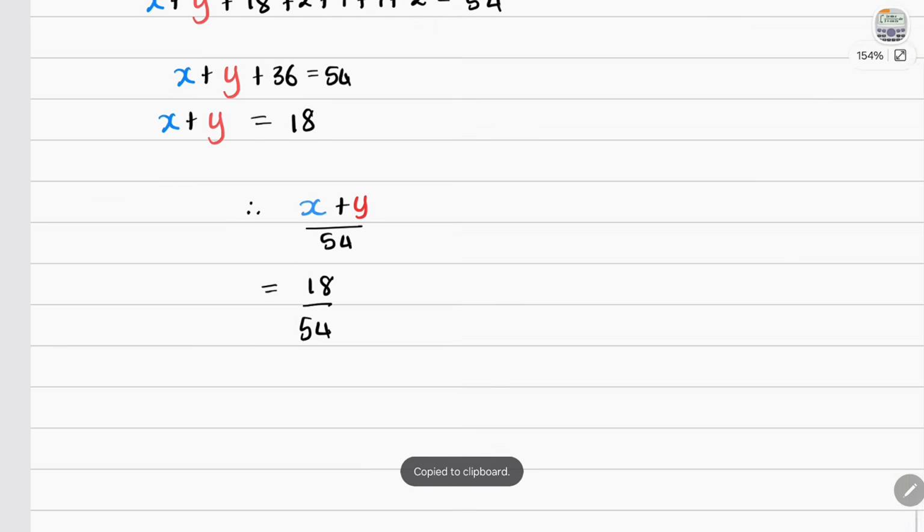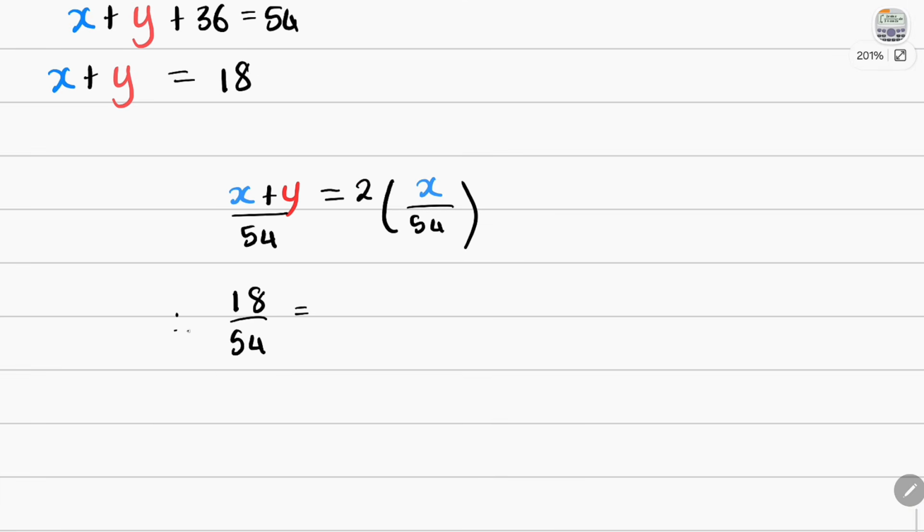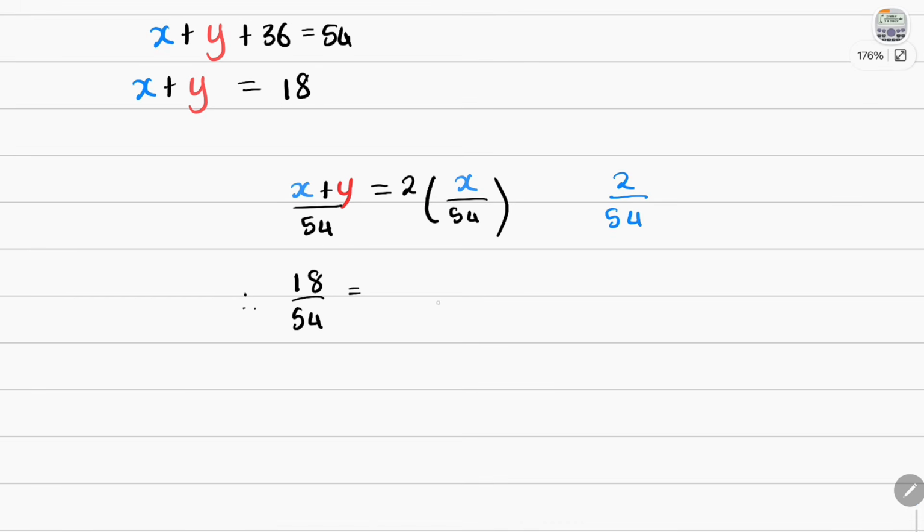I'm going to say 18 over 54 is equal to, here we might as well start cancelling. 2 multiplied by X over 54 is the same thing as 2X over 54, because the 2 is in the numerator. And 54 divided by 2 is 27. So we have X over 27 there.